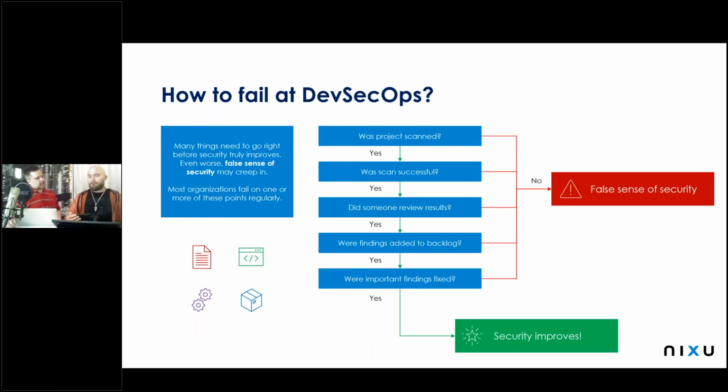Yeah, I think we have been seeing all of these. You see a nice flowchart where you are getting a false sense of security rather than actually improving security. And it can fail in different stages. So obviously you need to be scanning the projects in order to get any results. So getting visibility to what is being scanned and what is being scanned successfully, that's important.